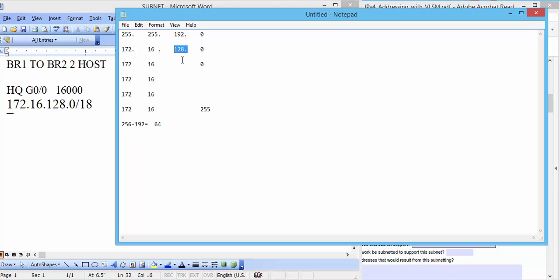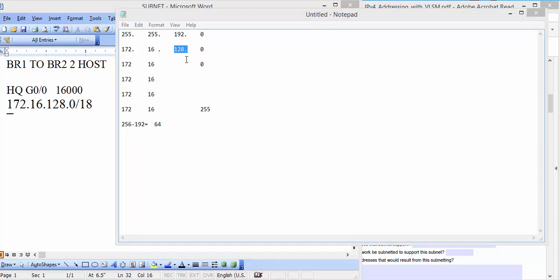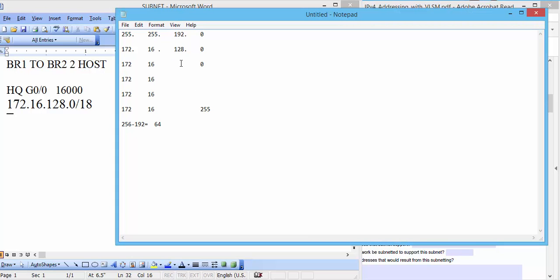So 128 is equal to, or not greater than, 128. So we pick that 128 and fill that gap here.